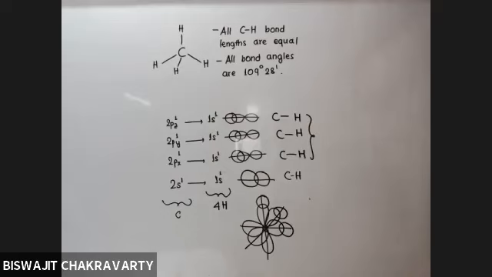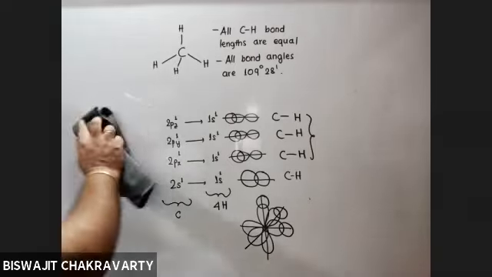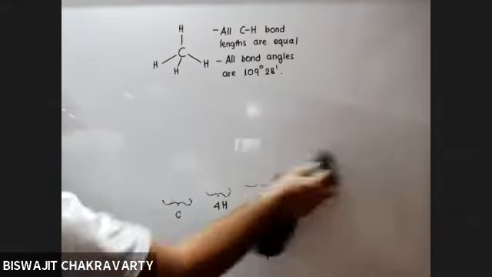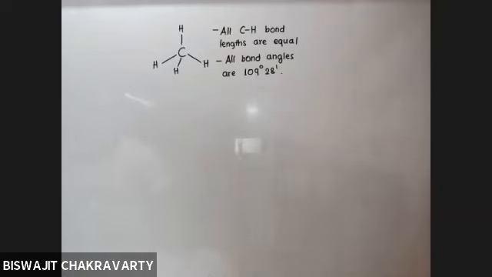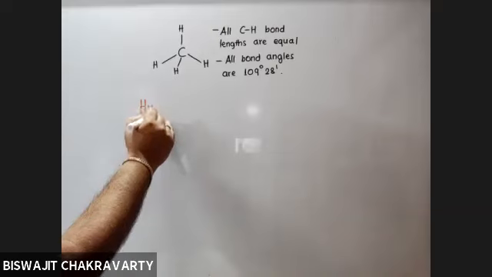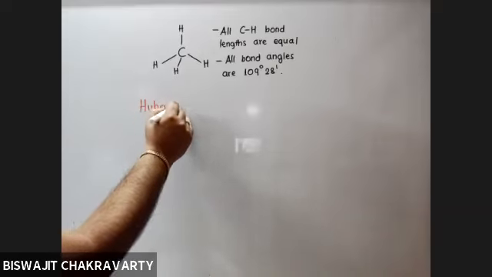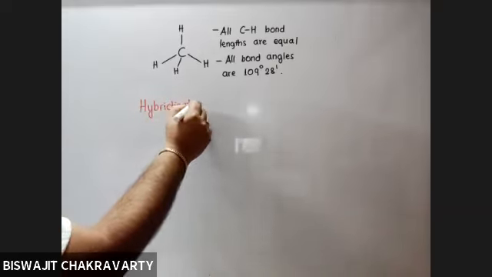Now, why is it that what you are expecting and what you are actually getting are different from each other? To explain that, next day, we will discuss one of the most important concepts of the valence bond theory, which is called, remember, hybridization.